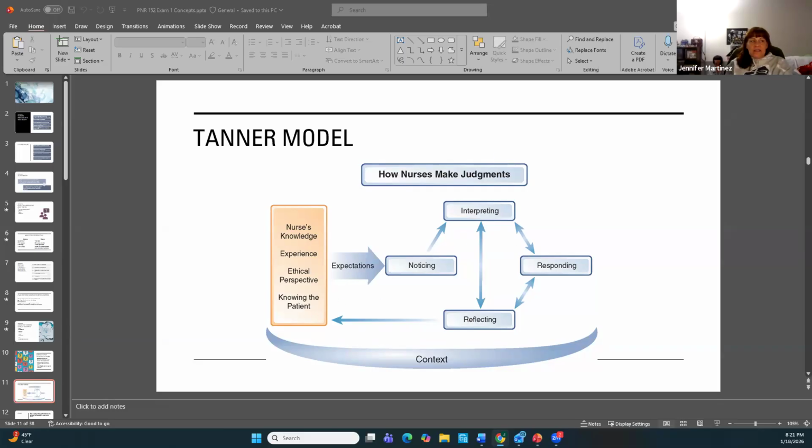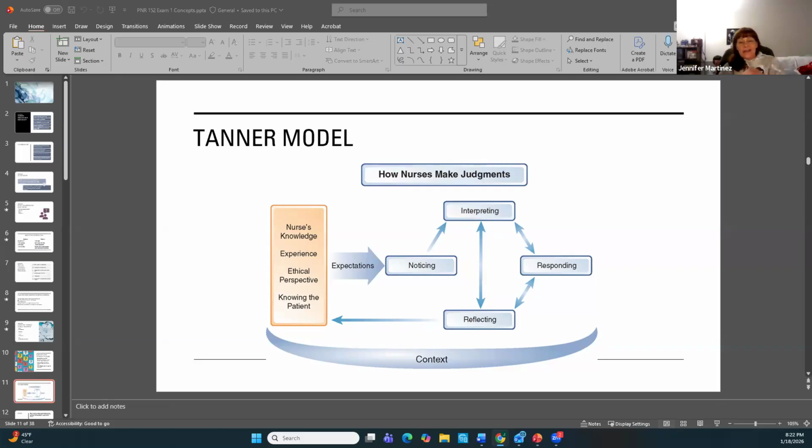So we notice something that has changed or is different. Like I said, the patient is on the floor. How did they get there? Or the patient's potassium level is 3, right? So it's noticing. You look at the situation, you gather your data, you look at patterns.